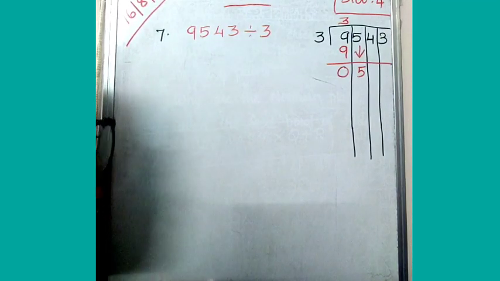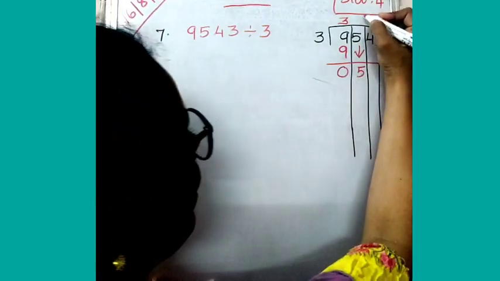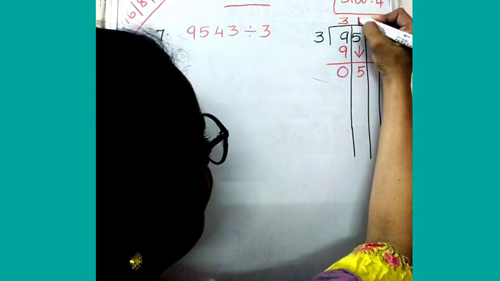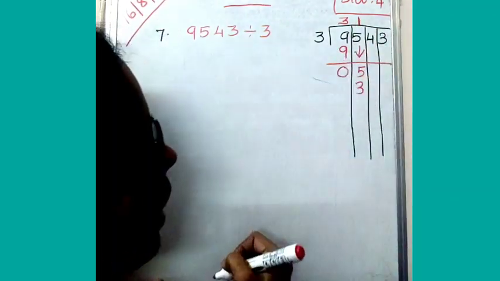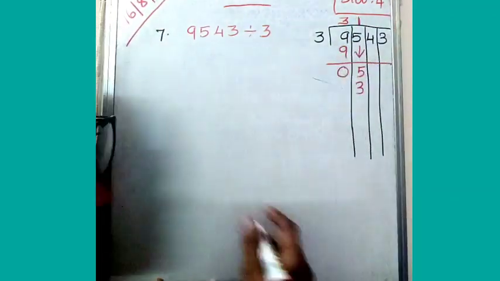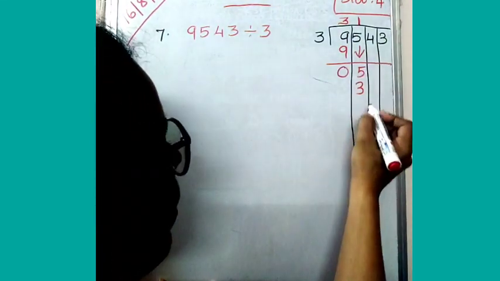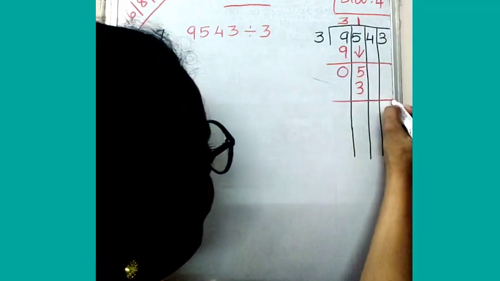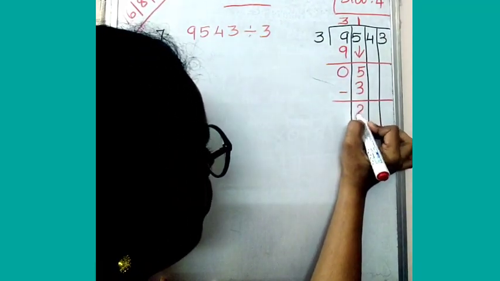We know that 1 into 3, 3. 2 3s are 6. We cannot write 6 here. So we write 1. 3 1s are 3. Look, I put the correct digit in the correct place. If you draw the line like this, then only you can write like this. Okay. Draw a line. 5 minus 3, 2.